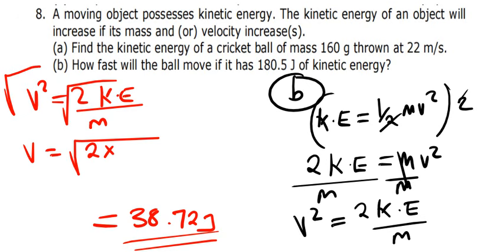So I'm multiplying 2 by 180.5, divided by the mass of this object. We had found that the mass was 0.16 kg. Make sure that it is in SI unit.